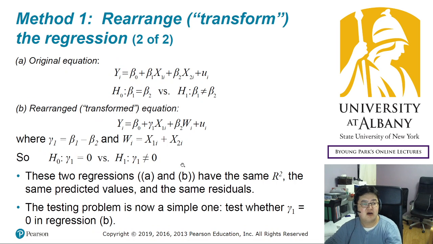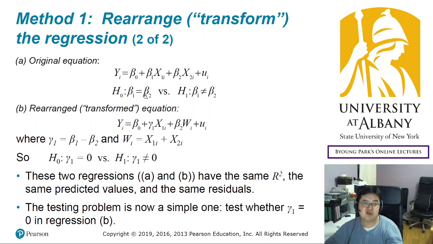In the original equation, the hypothesis is about beta 1 and beta 2. But in the rearranged, transformed equation, this hypothesis becomes gamma 1 equals 0.